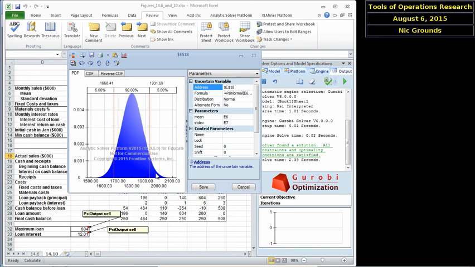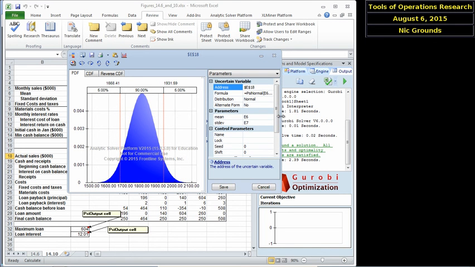That is, those values have a high probability that we think that's the sales number. But there's a really small chance we might have a really high sale or a really low sale for that month, right? And in fact, if you look over here, you'll see the mean and standard deviation are those two cells we referenced.